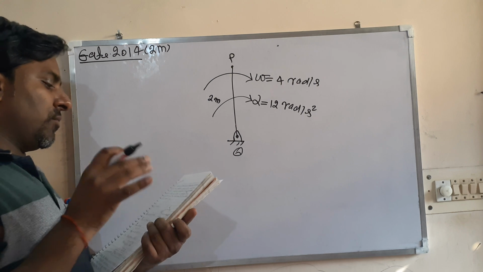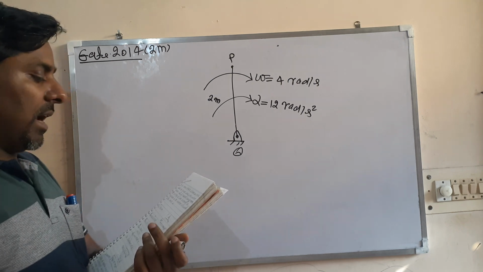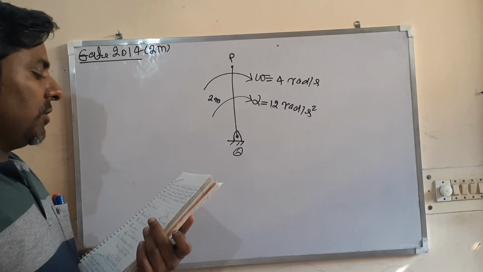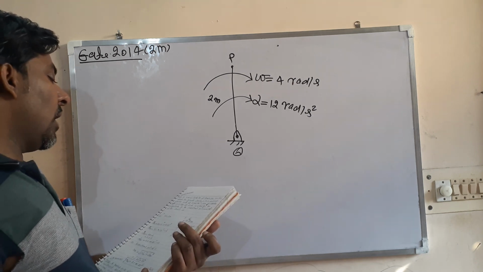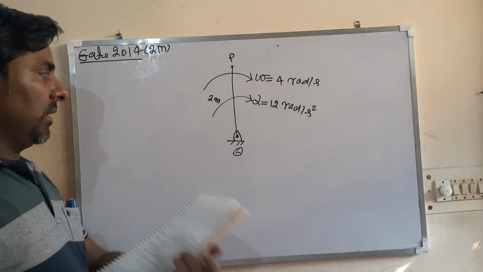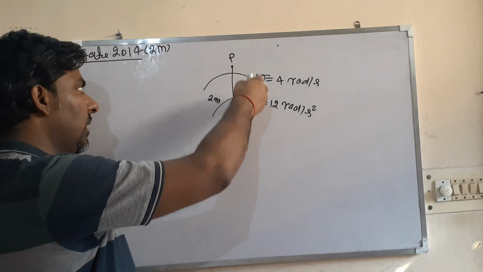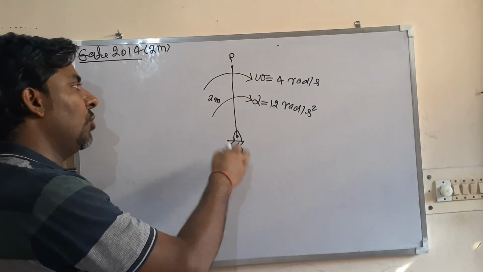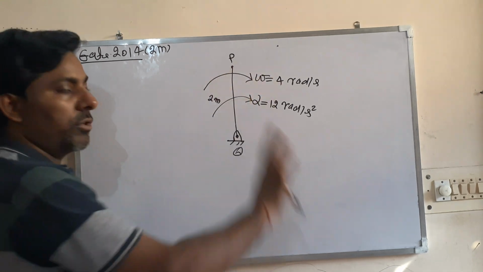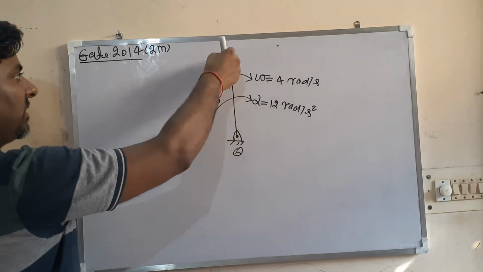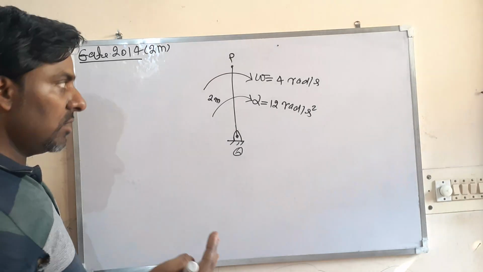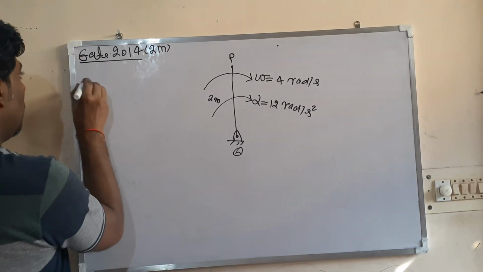When omega is 4 radian per second, what is the magnitude of the resultant acceleration in meter per second square of the end P? He is asking the resultant acceleration of P with respect to Q at that time when omega is equal to 4. So P has two varieties of acceleration, radial and tangential.